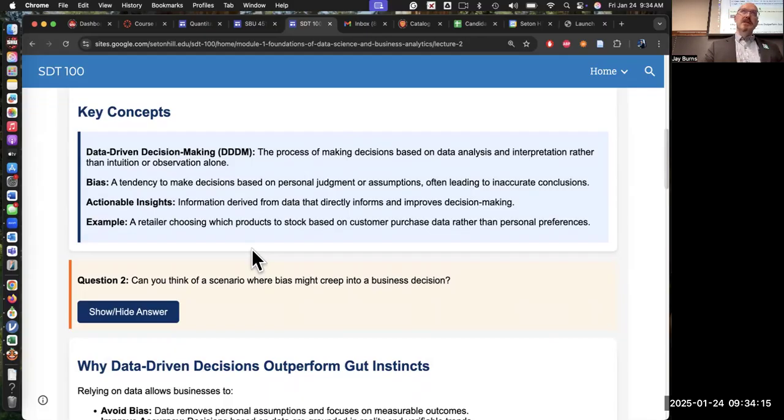I'm going to say it's almost 100% of the time going to lead to inaccurate conclusions given enough time. So actionable insights is a key phrase: information derived from data that directly informs and improves decision-making.